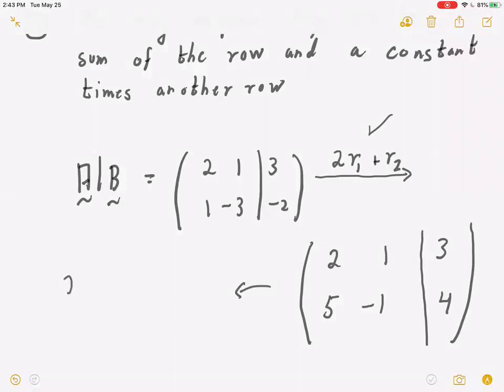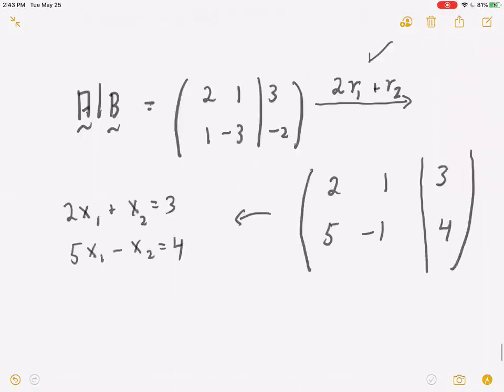Why? Because buried inside this new augmented matrix is the following information. I get a new set of linear equations, but again, I ask you to show that even though these are new linear equations, the solution does not change.